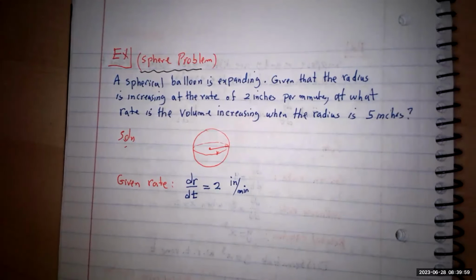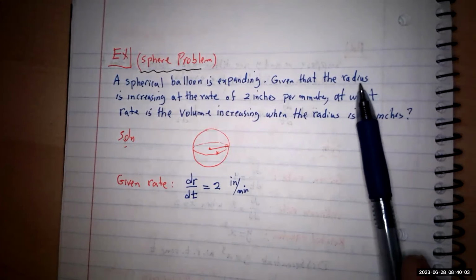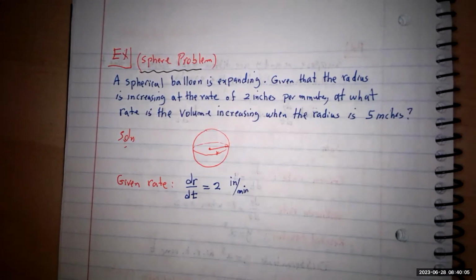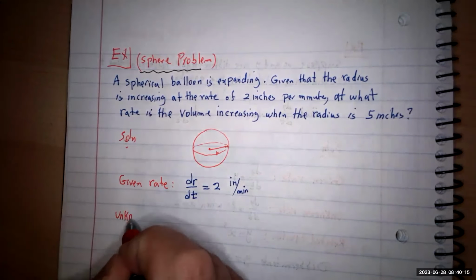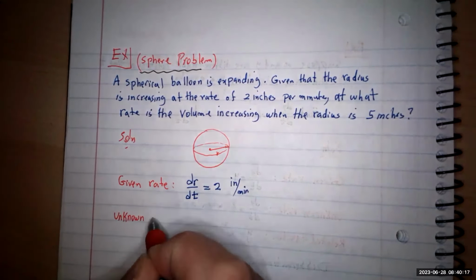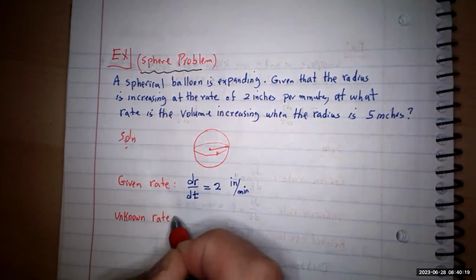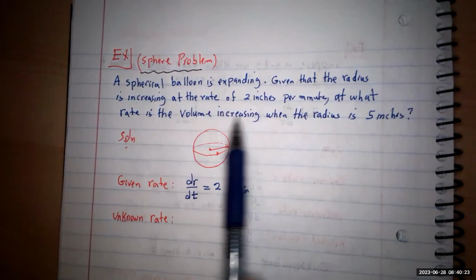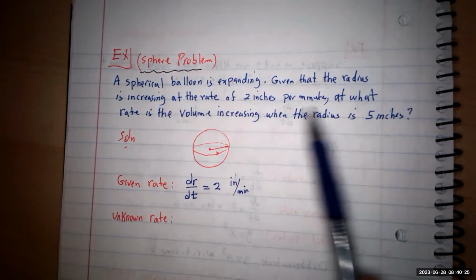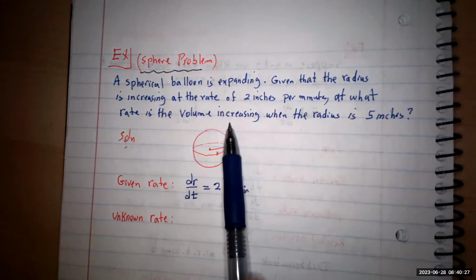Any question? You read, they talk about the radius, and the rate of the radius would be dr/dt. So that's the given rate. What's going to be the unknown, the missing? The unknown rate. What is the unknown rate? You see, it's this: at what rate is the volume increasing?